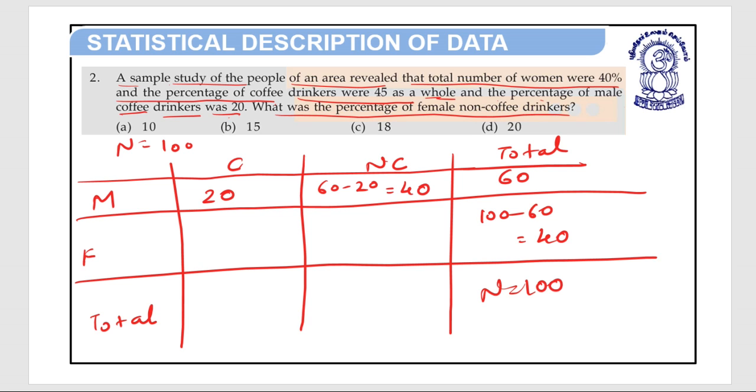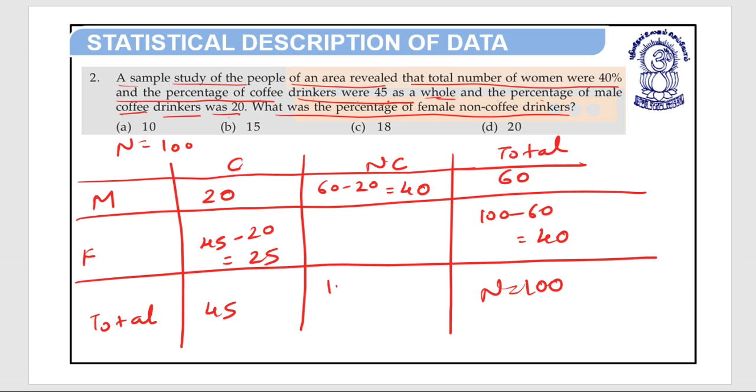The percentage of coffee drinkers were 45 of the total. So if total is 45, the female coffee drinker is 45 minus 20 is equal to 25.